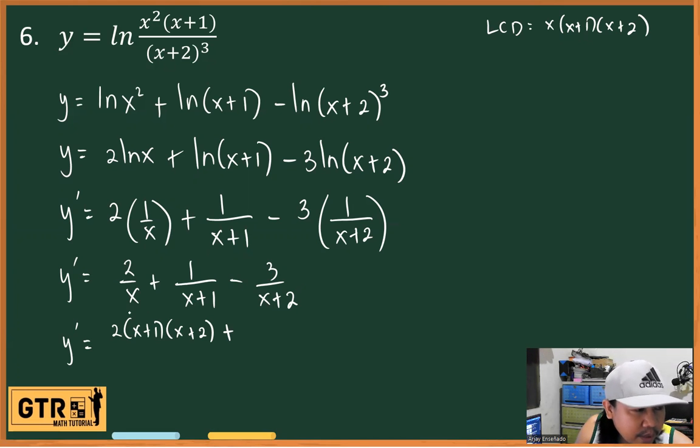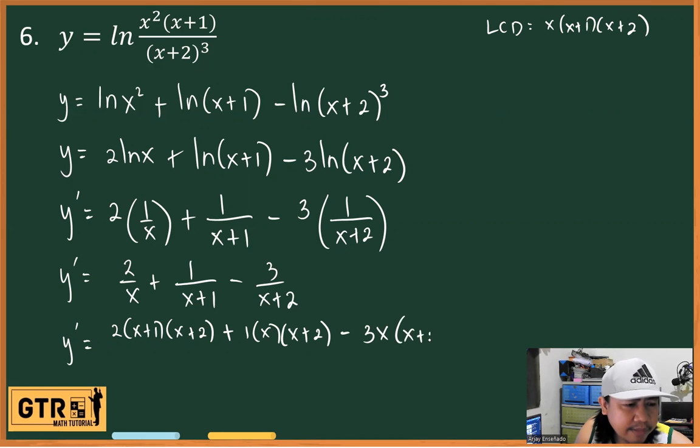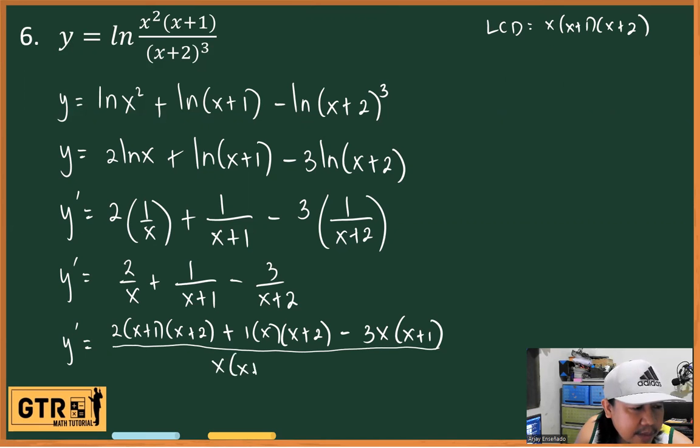So the remaining term will be x and x plus 2 multiplied by 1, no need to write this 1. So we have x times x plus 2. Minus 3, if we divide the LCD by x plus 2, the remaining terms are x and x plus 1 times 3. So we have 3x times x plus 1, all over the LCD, which is x times x plus 1 times x plus 2.